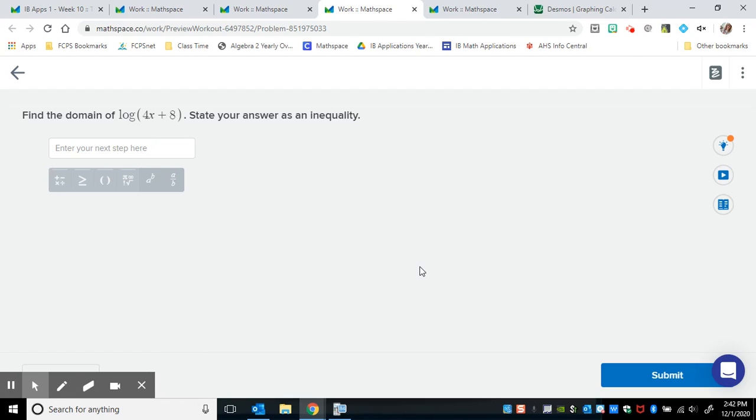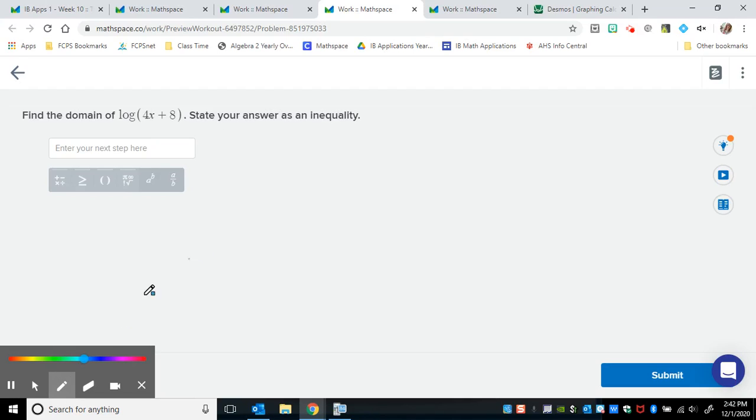If I were to graph this in my TI calculator, the graph itself doesn't come up as good as Desmos, but you can also look at the table and you're looking for the first x value that gives you an error in the table.